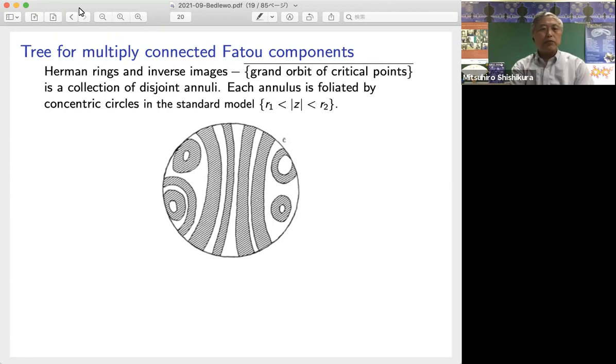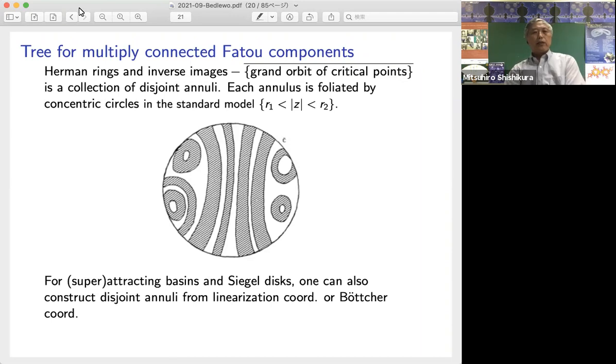And a concentric annulus is also, of course, foliated by concentric circles. So basically, you consider that the annuli are foliated by concentric circles whenever you're given these annuli. And this is not only for Herman rings, but whenever you have attracting basins, super attracting basins, Siegel disks, you can do a similar construction, starting from, say, an attracting cycle.